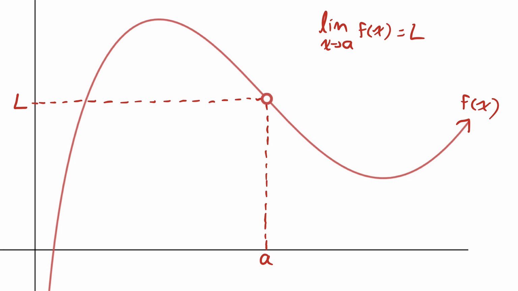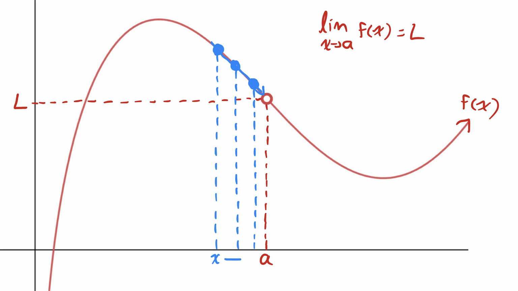Well, if I were to look at what the function is doing as it approaches that x value of a from the left side of a. And by that I mean if I were to choose a few points whose x values get closer and closer and closer to a, and let me show you that those x values are getting closer to a just by connecting back down to the x-axis to show you those points' x values.